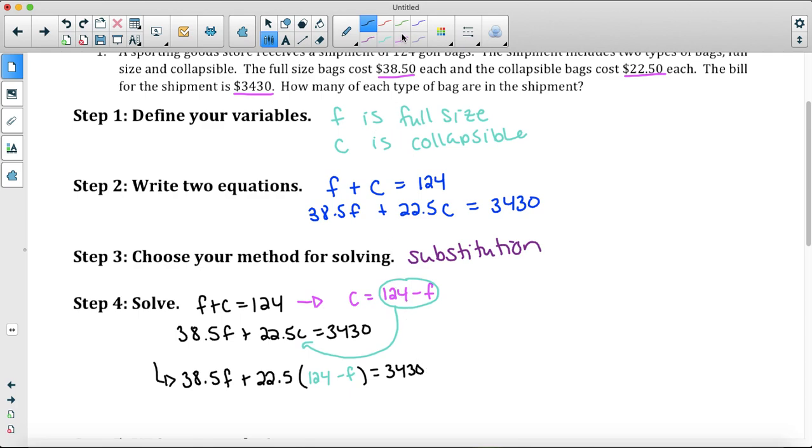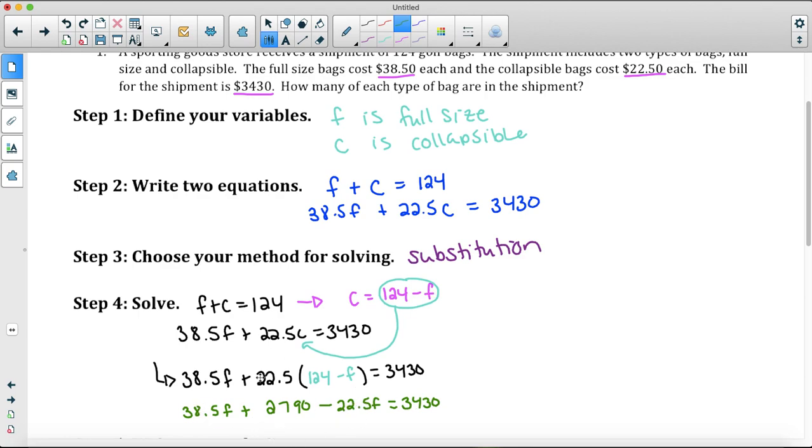Now to simplify, we use the distributive property. We'll have 38.5F plus 22.5 times 124, which is 2,790. Then 22.5 times negative F would be minus 22.5F, is equal to 3,430.